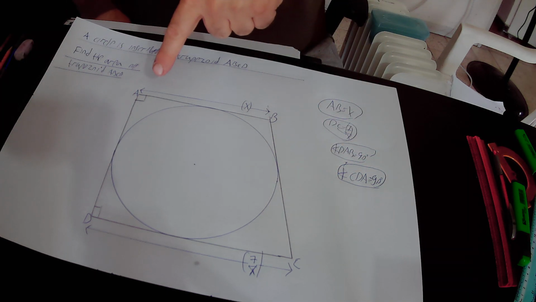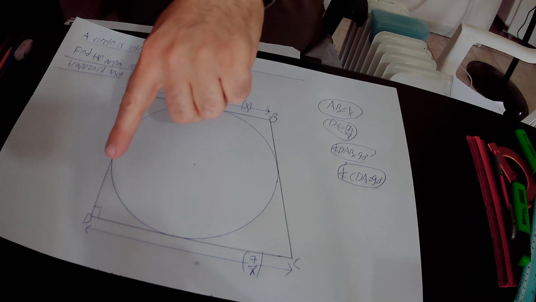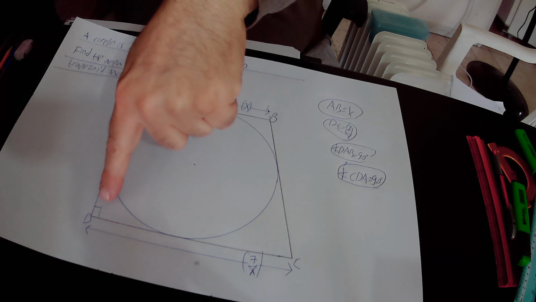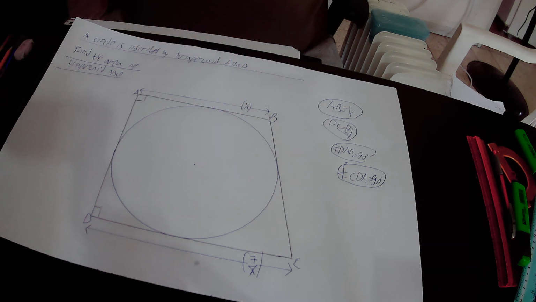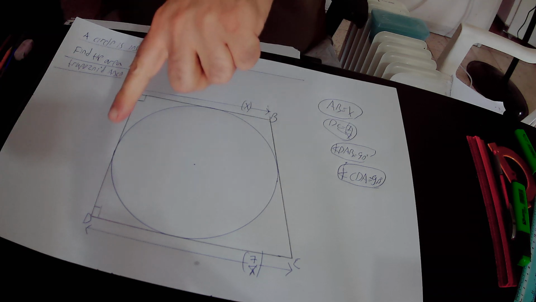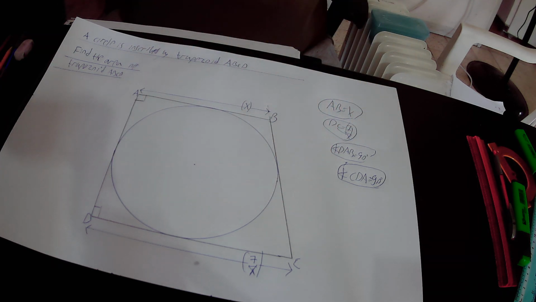This is angle BAD, that is a right angle, and this is angle ADC, that is also equal to 90 degrees in its size. Again, our mission is to find out the area of this trapezoid ABCD.